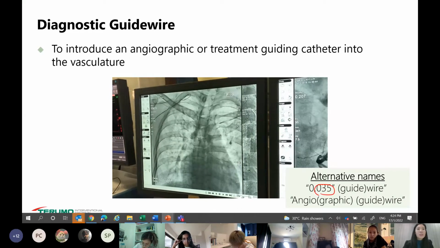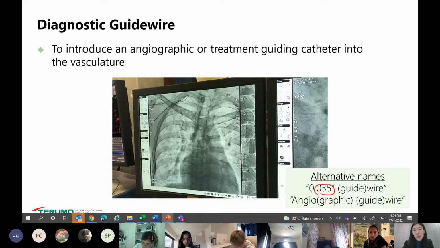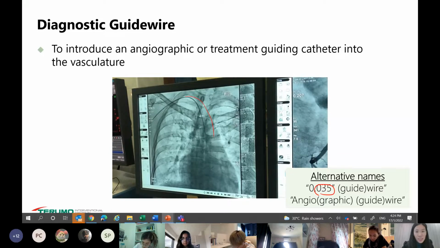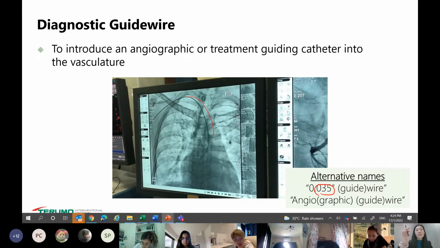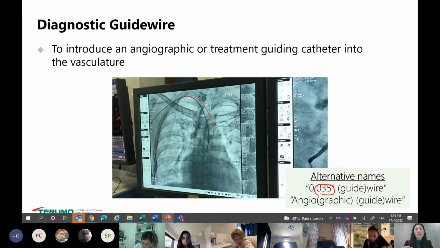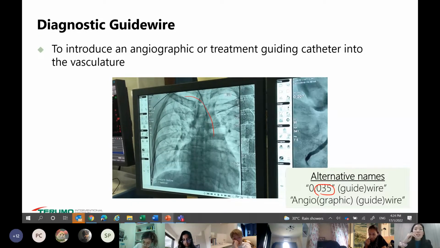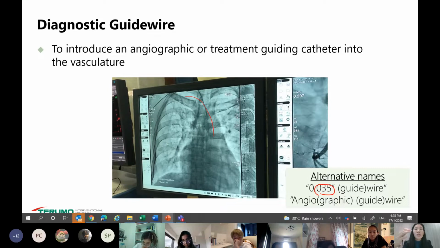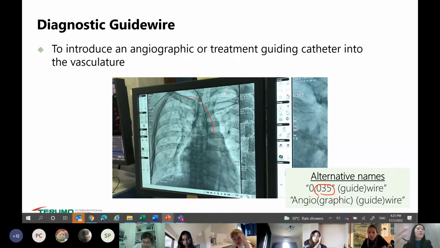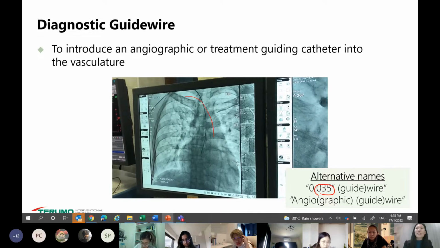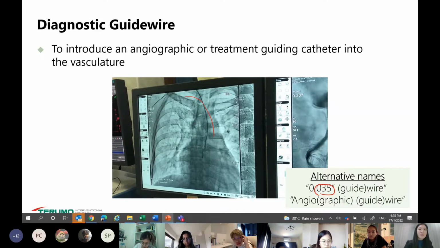What it does is introduce an angiographic or treatment guiding catheter into the vessel. You can see here there's a thicker device coming through. The thicker device is actually your guiding catheter. They will always lead any kind of guiding catheter with your guide wire, and that's the intention of your guide wire, to make sure that your guiding catheter curve doesn't damage your vessel.